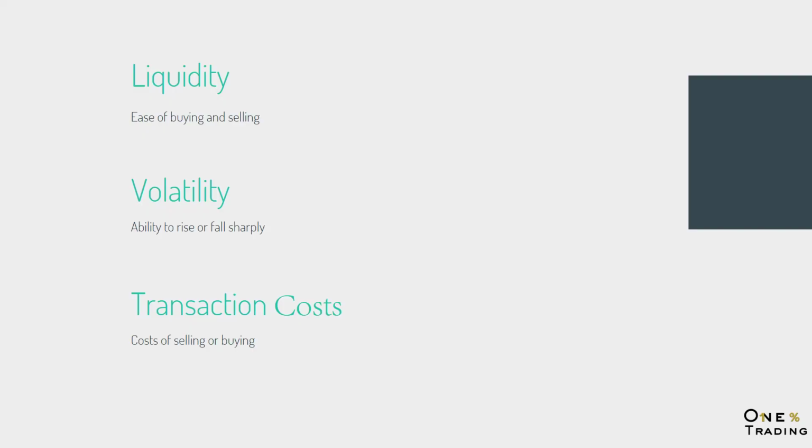Now, there are a few reasons why traders prefer Forex to other instruments. The first one is liquidity. This refers to the ease of buying and selling a financial instrument at any given time.